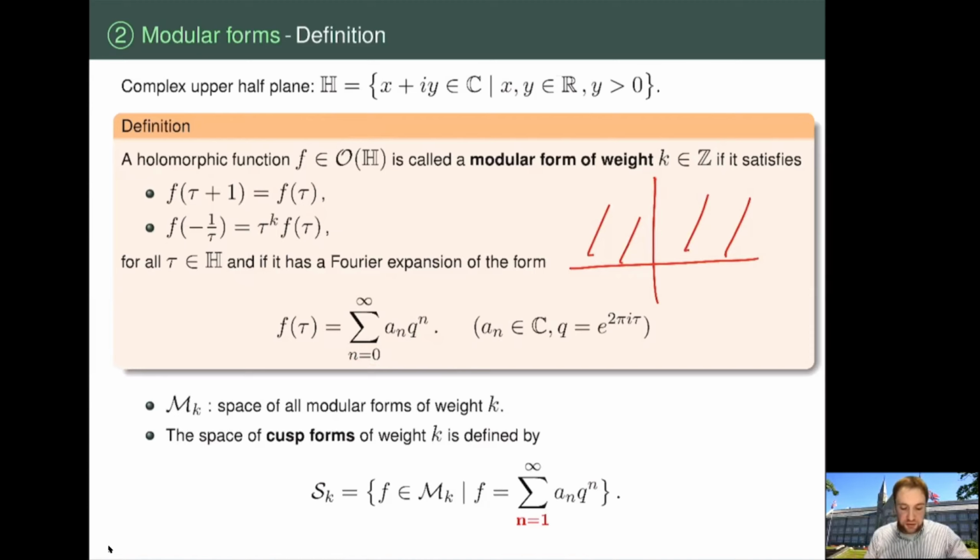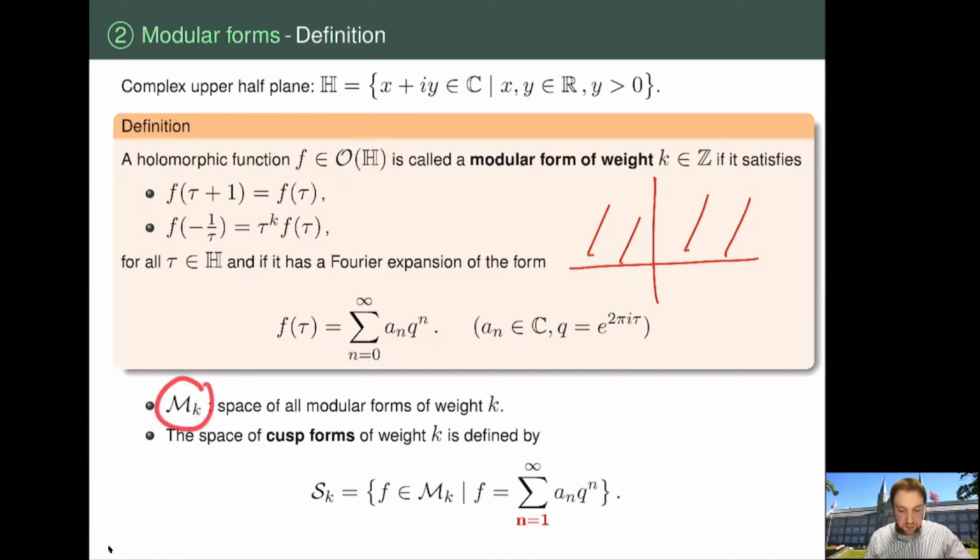Even though I cheated a little bit, usually you define an action of SL2(Z) on the upper half plane by Möbius transformation and then say that modular forms satisfy certain conditions. But one can show that one actually just needs to check these 2 conditions to define a modular form. By M_k, we denote the space of modular forms of weight k.